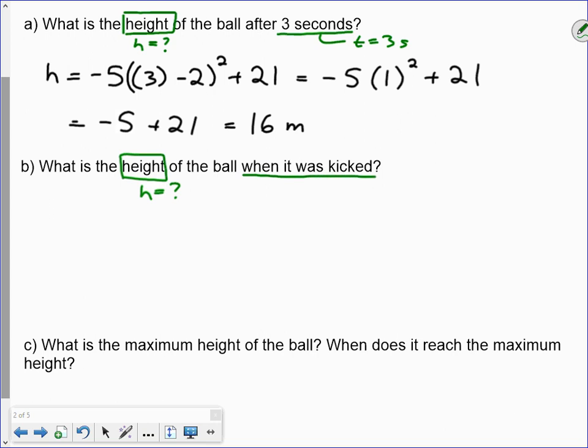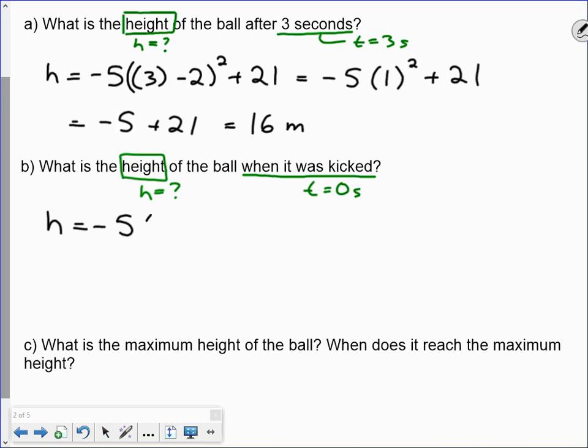So this word when in here suggests that what they're telling us is a value for time. And when the ball was kicked, we can say that that is t equals 0. That's like the starting point for the entire motion of the soccer ball. So again, just like the last one, they're giving us a value for t, and they want us to find the value for h. So we're just going to substitute and evaluate.